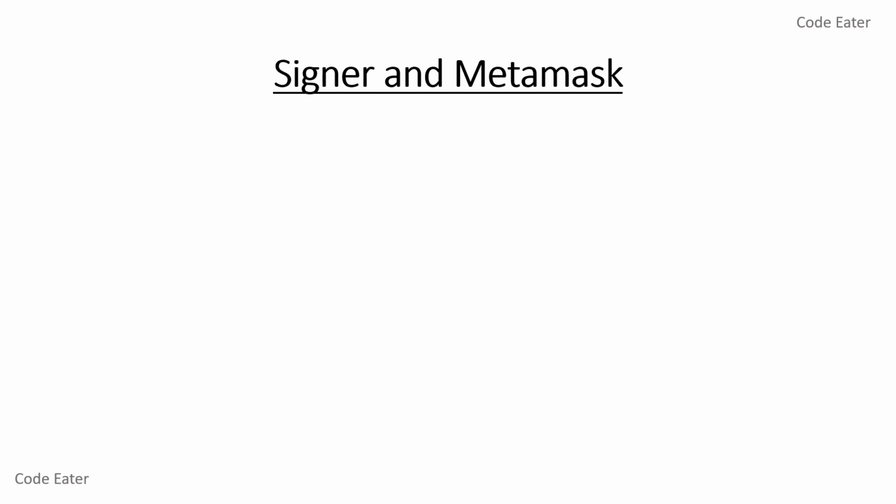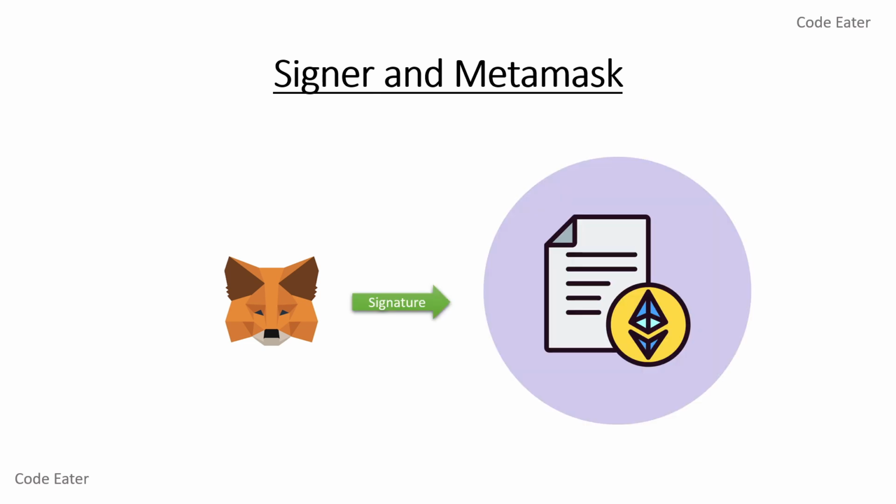First of all, we need MetaMask so that we can sign our transaction. So let's say, for example, if you are sending some ether to your friend, or doing any kind of transaction on a smart contract which is changing the state of the blockchain. In that case, you need to tell the blockchain that it is you who is doing this change.